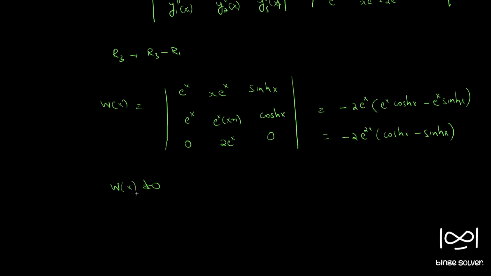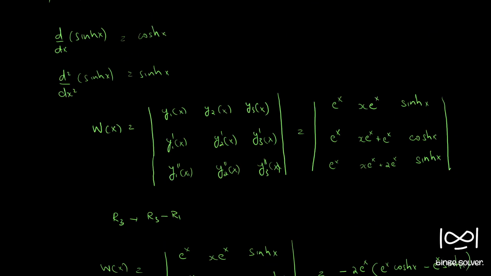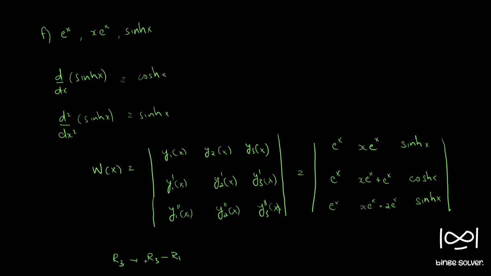So since W of x is not equal to 0 for many x, we can say that the given set of functions are linearly independent. So that is the solution to the F part.